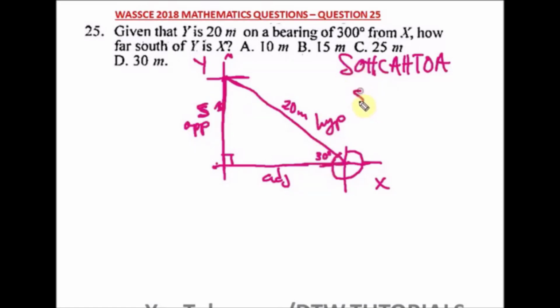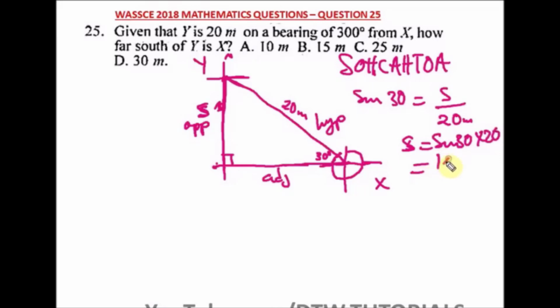So sine 30 is equal to S over 20 meters, where S is equal to sine 30 times 20. Sine 30 is half, times 20, which is 10. So we have 10 meters. So how far south of Y is X is 10 meters, and our right option here is option A.